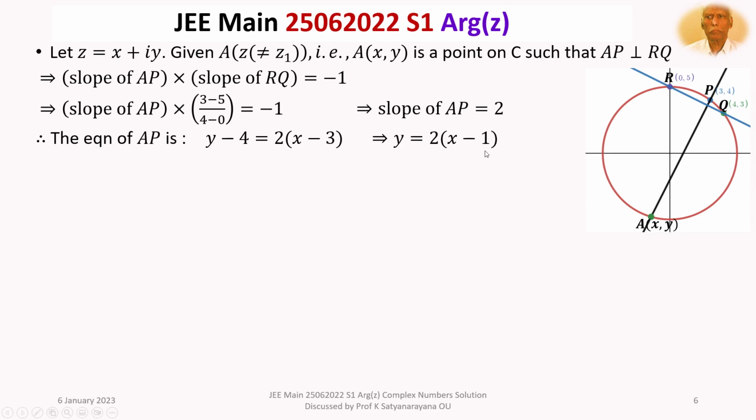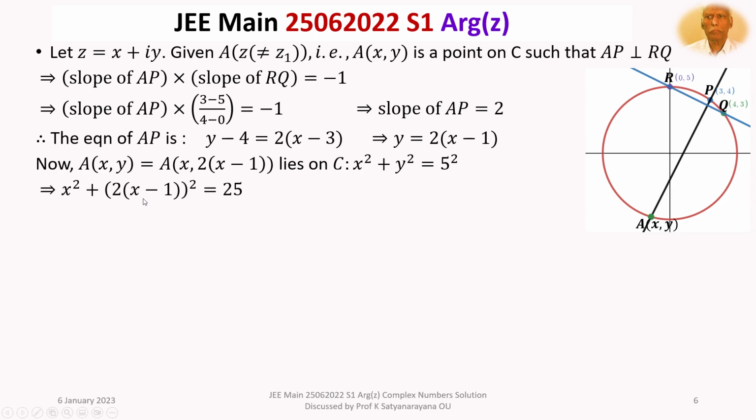So y we got. Now A (x, y) lies on the circle C. So that means A with coordinates x comma y, where y is 2 times x minus 1, lies on this. So substitute for y, 2 times x minus 1, in this equation, that is x square plus y square is equal to 5 square.